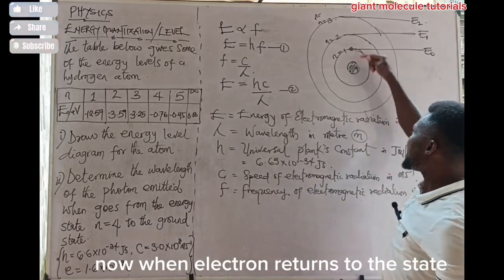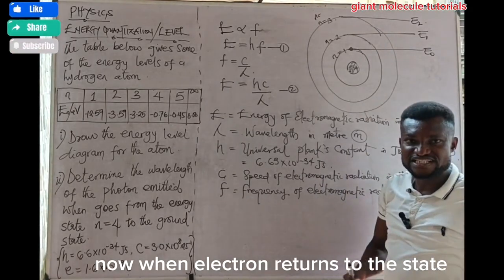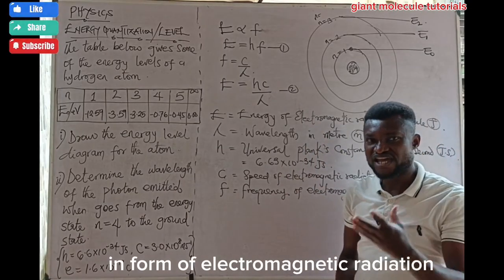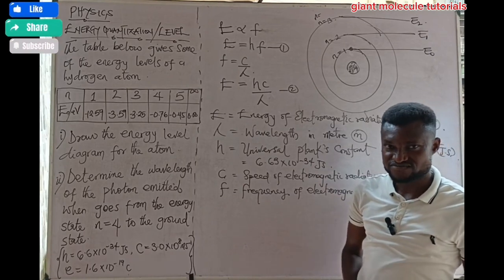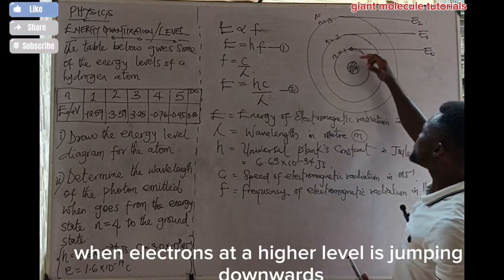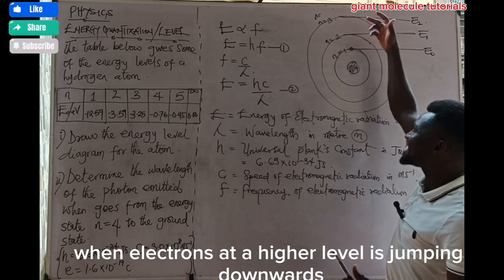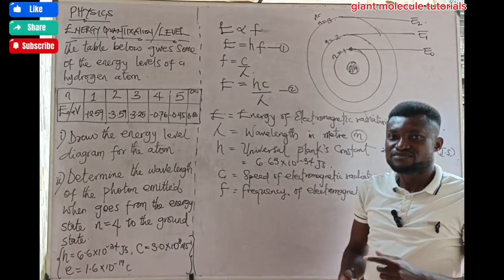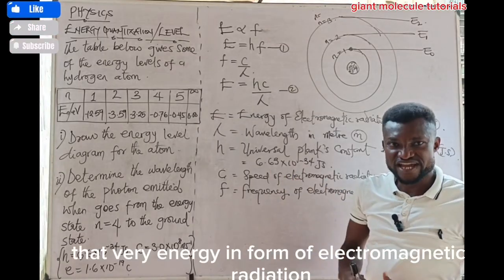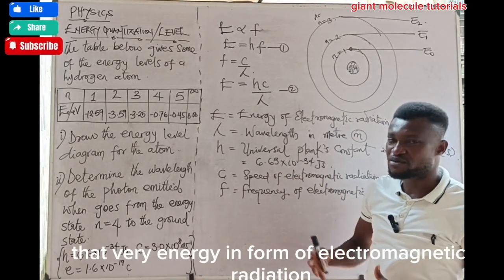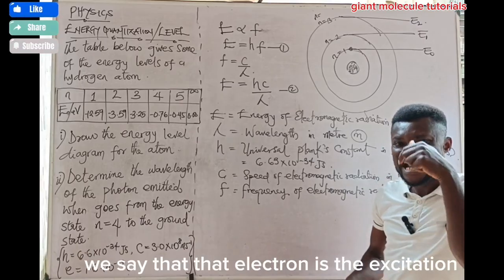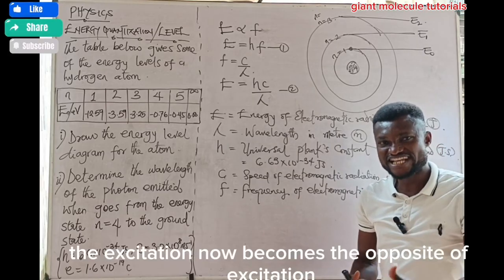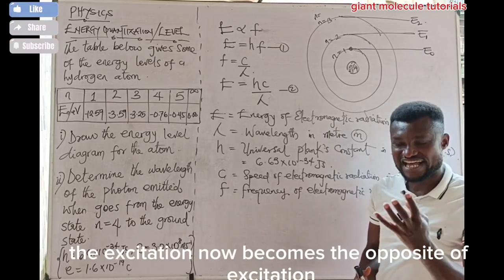Now, when an electron returns to the state, that electron also vibrates in the form of electromagnetic radiation. Now, when electrons at the higher level jump downwards, releasing that energy in the form of electromagnetic radiation, we say that the electron is de-excited. So de-excitation is the opposite of excitation.